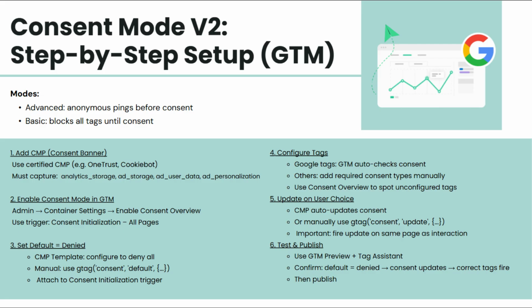Search for your CMP name, add it, and configure it as per the provider's instructions, selecting languages, styles, etc. as needed. In its settings, set all Google consent types, ad_storage, analytics_storage, ad_personalization, ad_user_data, to denied by default. This means until the user says otherwise, we assume no consent, which is the safest default legally.